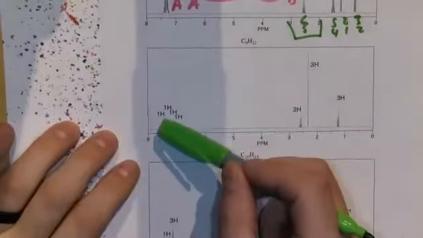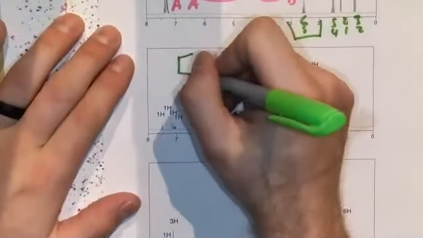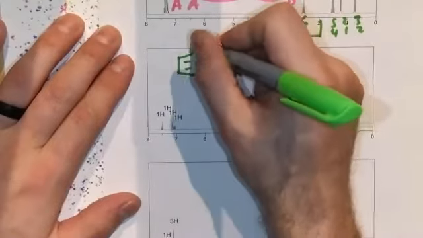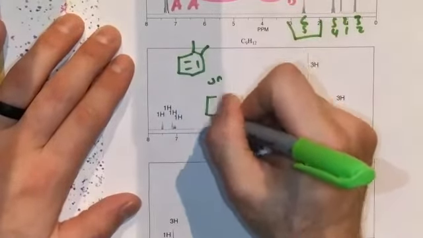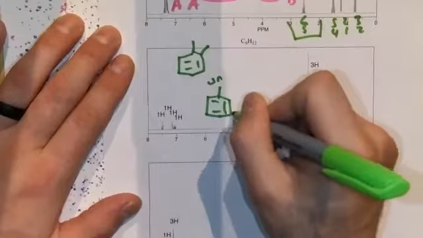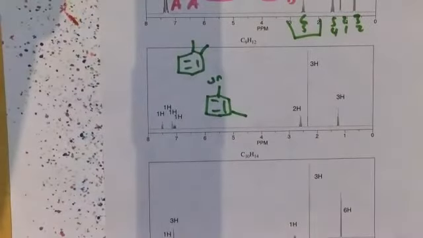We have kind of a mess here. This is one where we're not going to be able to tell if we have the ortho or the meta product. So we're going to have to draw both of them.